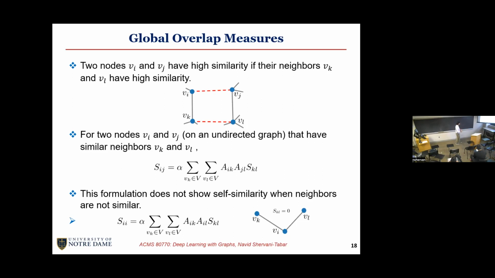You write it here, Sii, and then over here, Aik, fine, Ail, again, fine, both Vk and Vl are connected to Vi, so these are 1, but Skl, these two are not connected to each other, so based off of this measure, this one is not similar, which doesn't make sense.